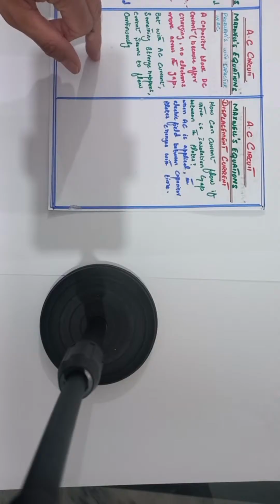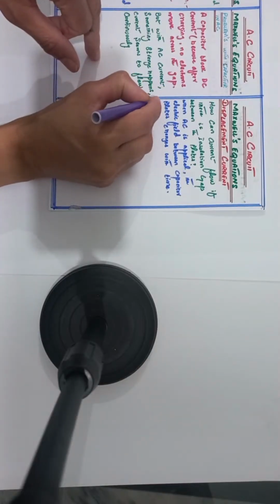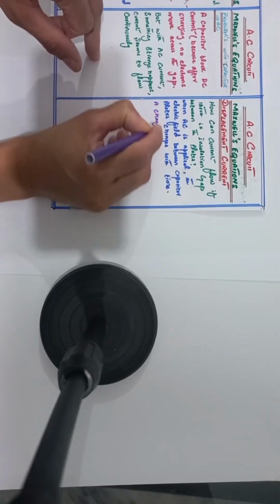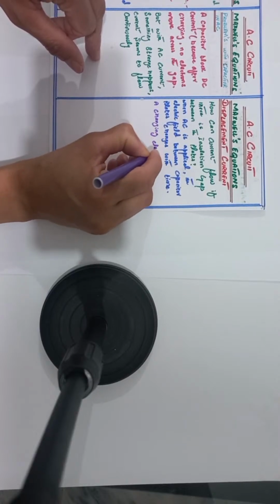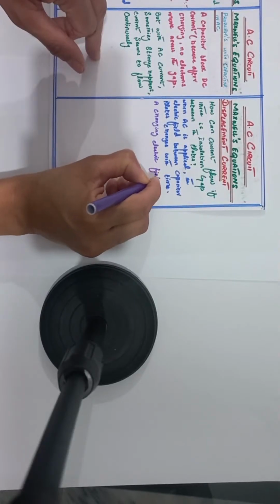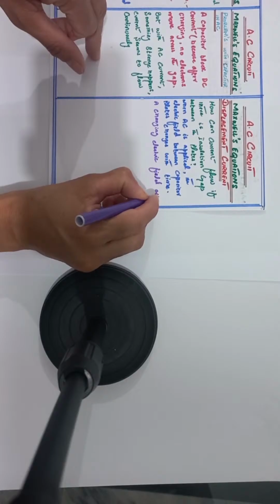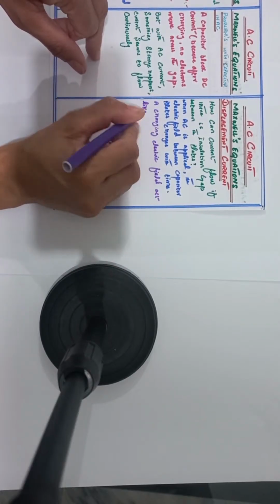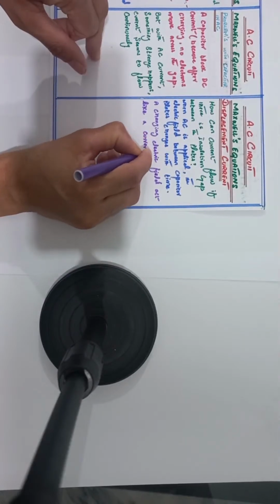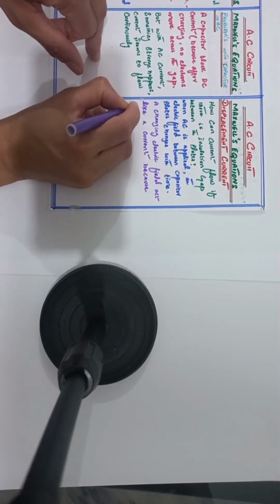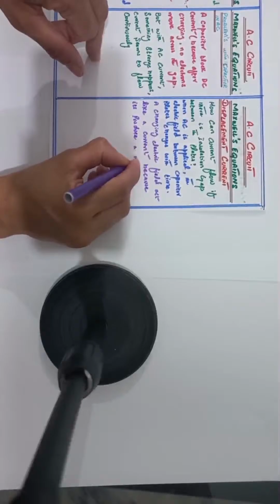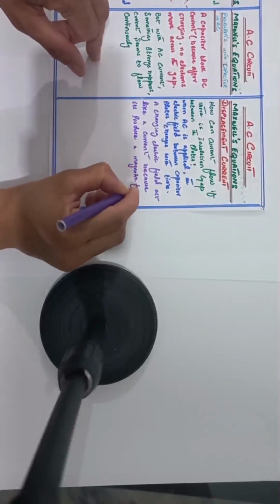That is what Maxwell explained: a changing electric field acts like a current because it produces a magnetic field.